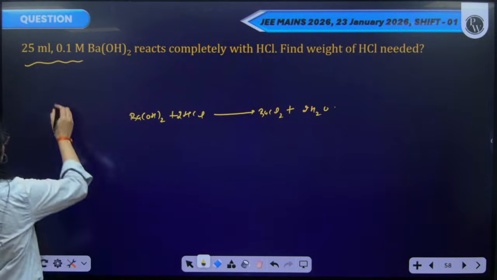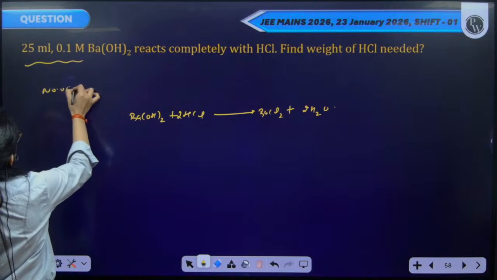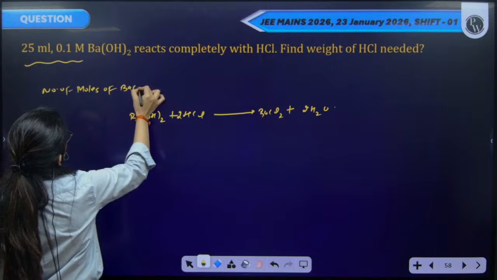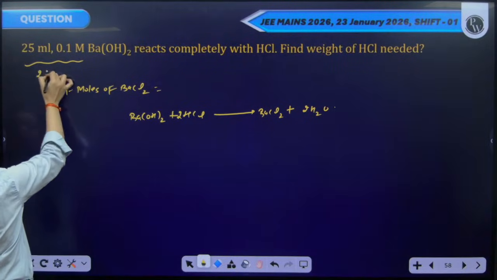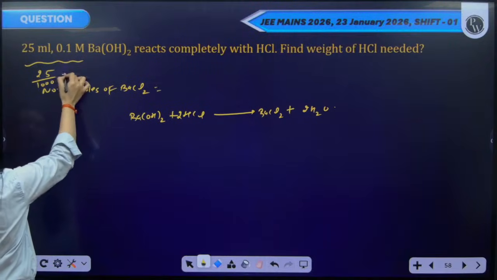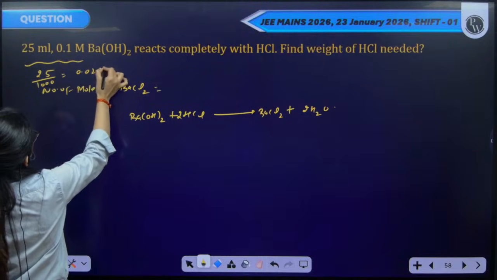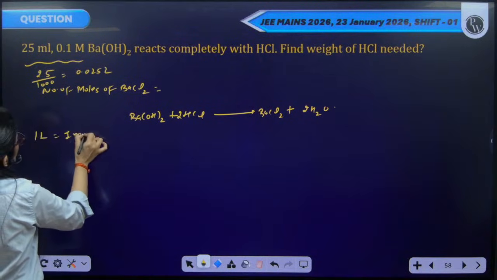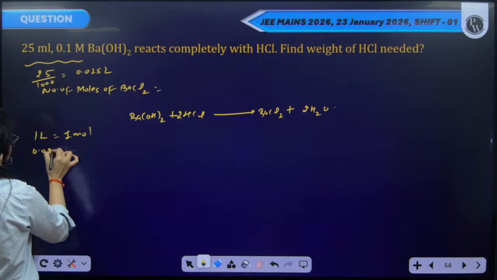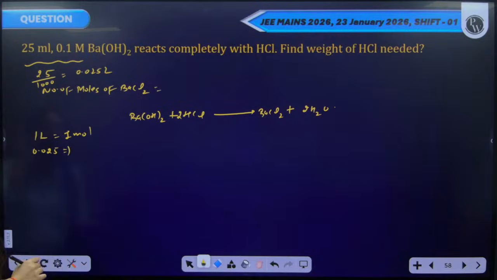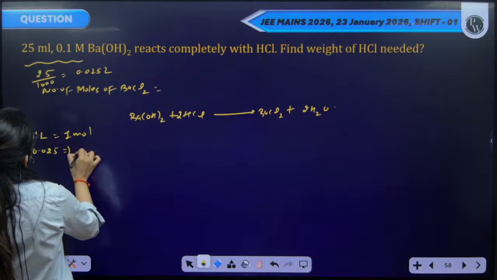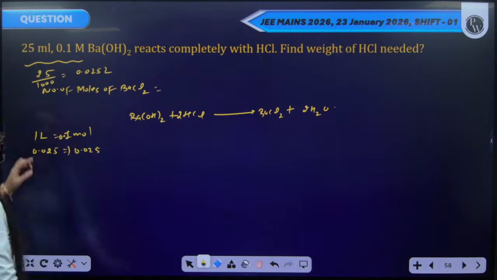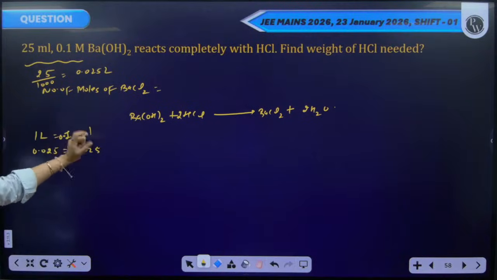Okay, so first of all calculate the number of moles of barium hydroxide. How much will it be? 25 ml. First of all convert it into liters, so that will be equal to 0.025 liter. Now 0.1 molar means 1 liter is containing 0.1 mole.